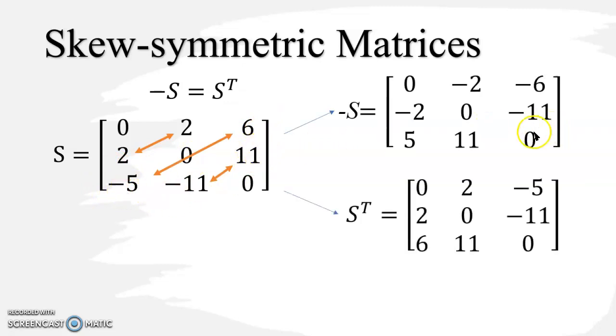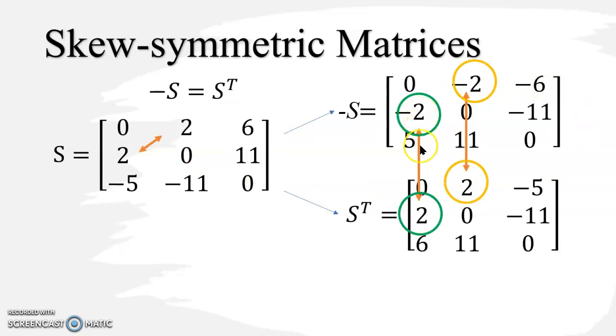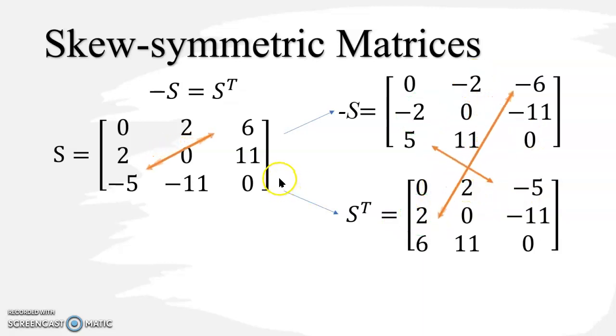Let's see what we've got. It looks like we had only positives to begin with, and we ended up with negatives and positives, but they're not in the same matrix.